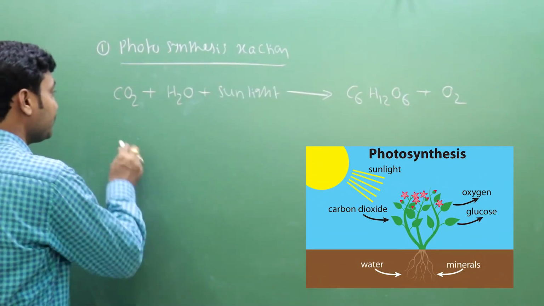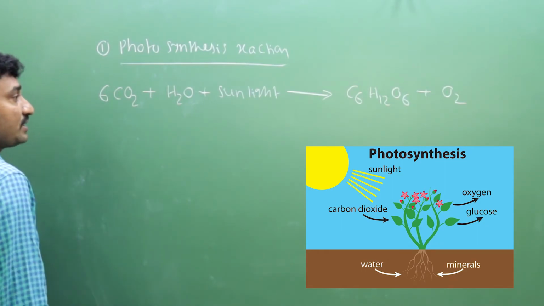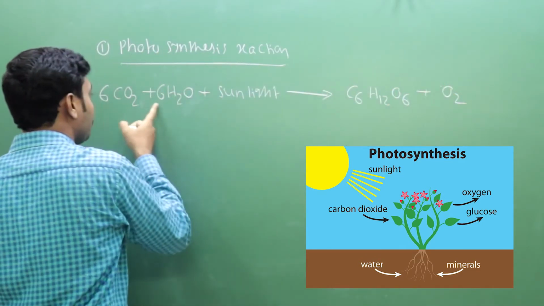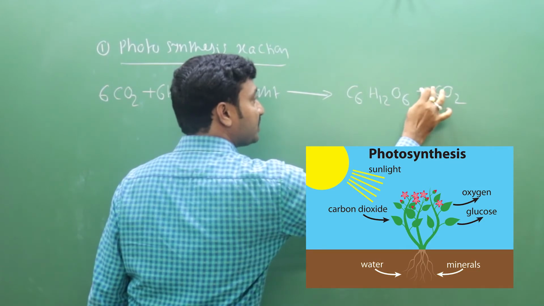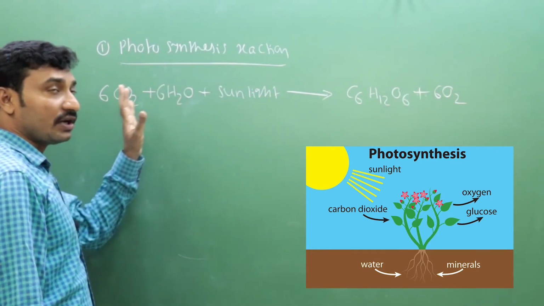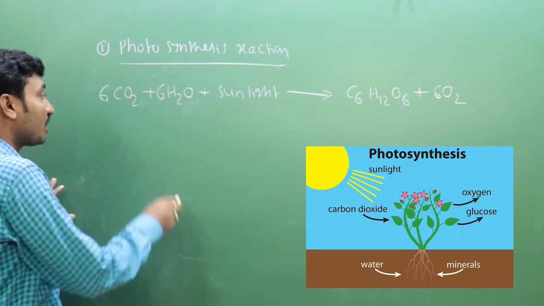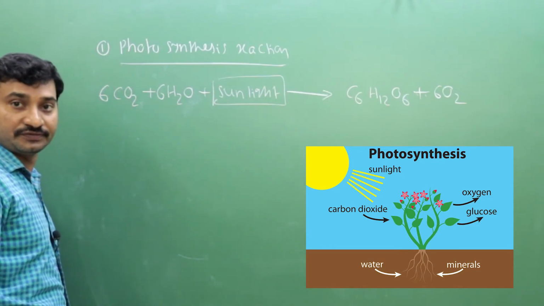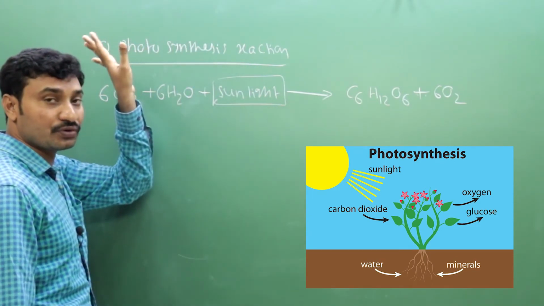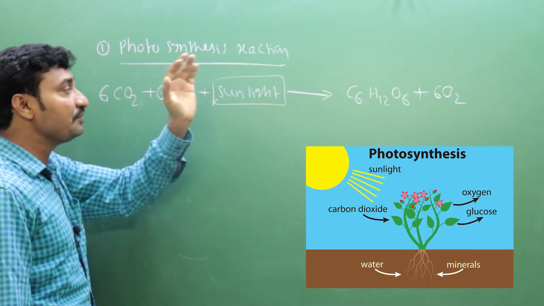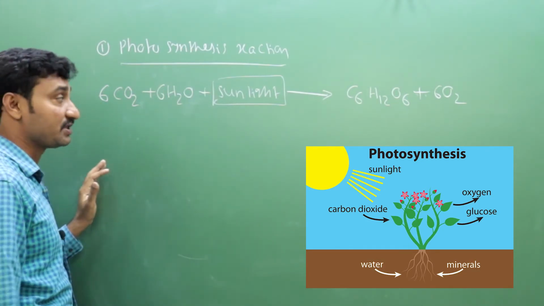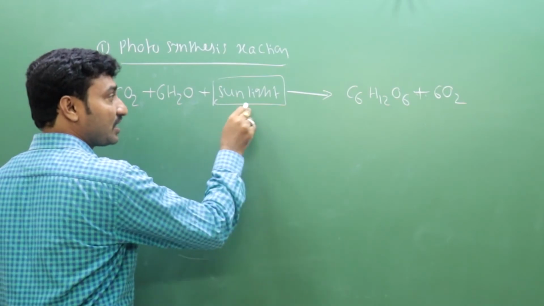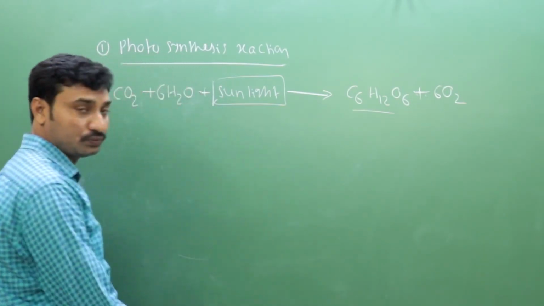Balancing: 6CO2, 6H2O, here 12 plus 6, 18, gives C6H12O6 plus 6O2. So this is the reaction of photosynthesis. If there is no sunlight, no photosynthesis takes place. Carbon dioxide plus water absorbs sunlight and gives glucose plus oxygen.